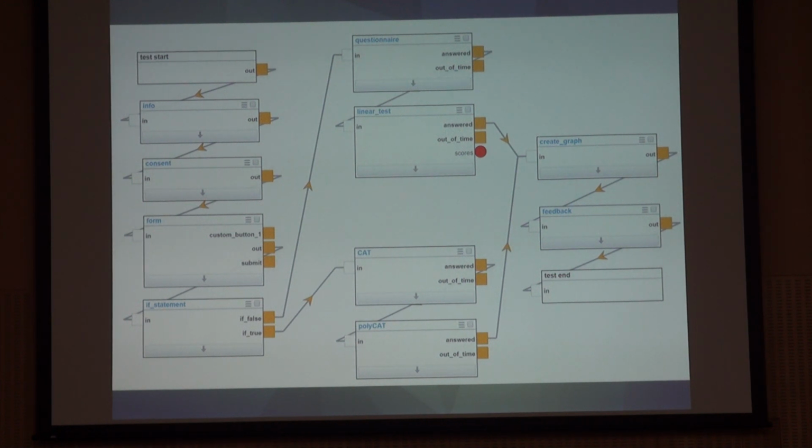A CAT test, which uses the 4PL model, and you can set the parameters C and D to 0 and 1 if you want 2PL, or set the other one to whatever to use the 1PL model. We have polytomous CAT as well. Because it's just using R as the back end, David Magis with his catR package already has a polytomous CAT function available there.